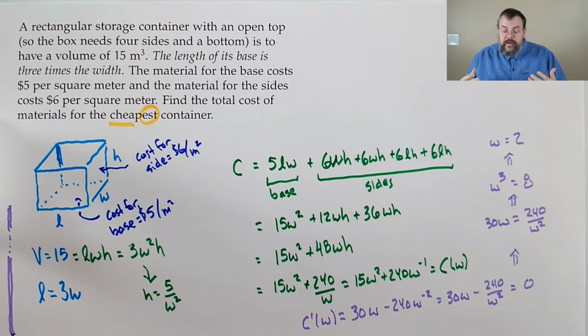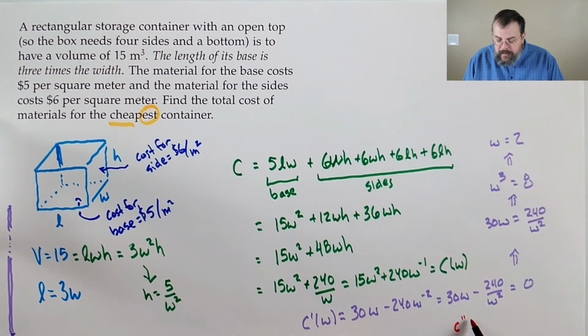And we could, of course, take another derivative and check. Does w equal 2 give us a min? Well, I guess we should. It's practice, right? I don't think I'll do it for every problem, but since we're starting out, we should do a little bit. I think this is one where the second derivative is probably pretty quick.